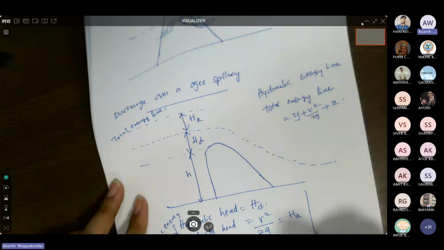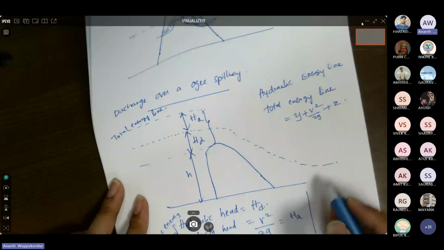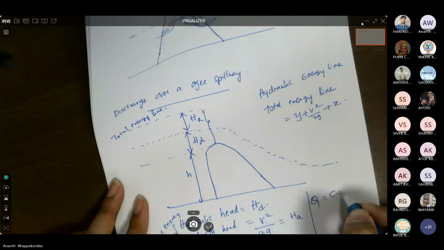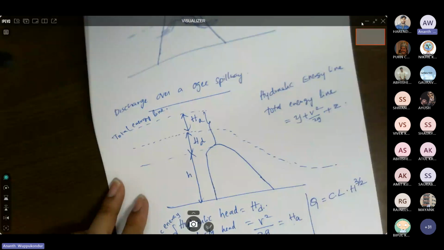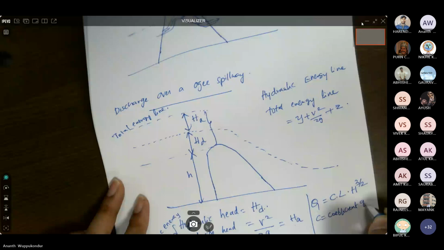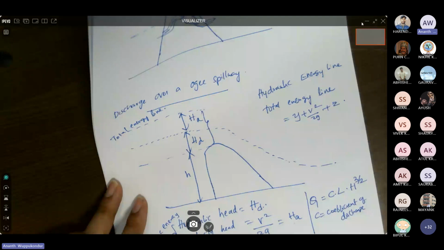So the discharge Q is a function of C L H^(3/2). So C is a coefficient of discharge, and L is the length of spillway crest.